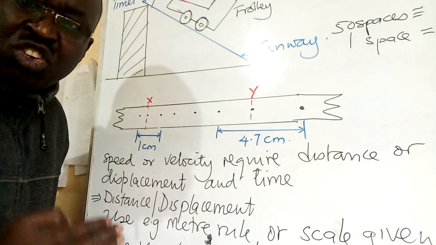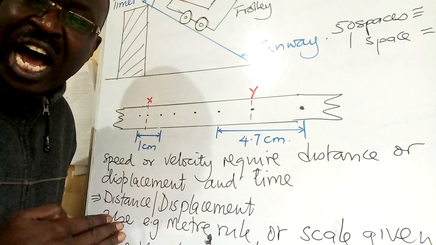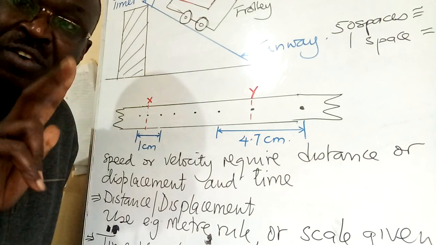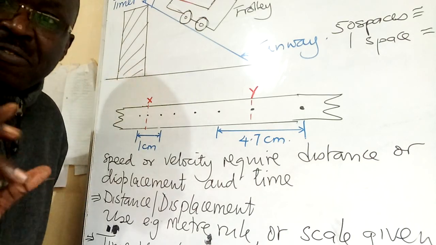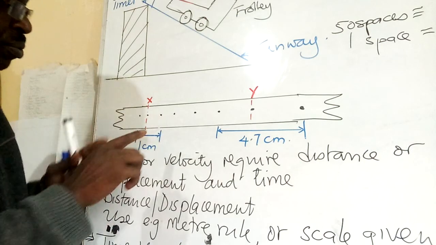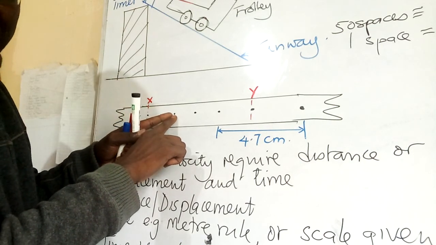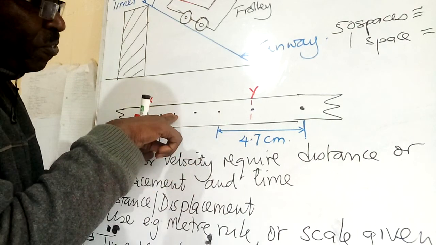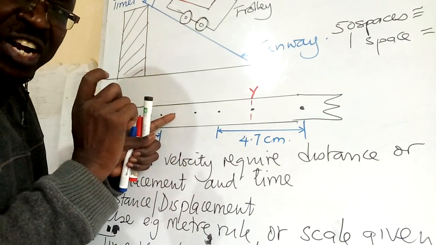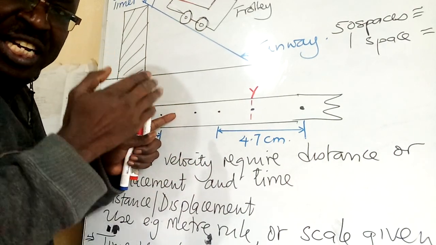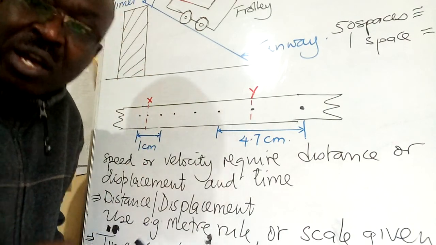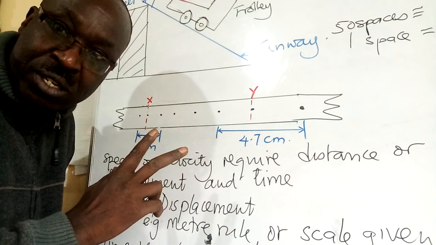The first dot is just a reference point. So if I have three dots, for example, here, 1, 2, 3. The first dot is a reference dot. It is the beginning of our measurement. Otherwise, we have 2 spaces.